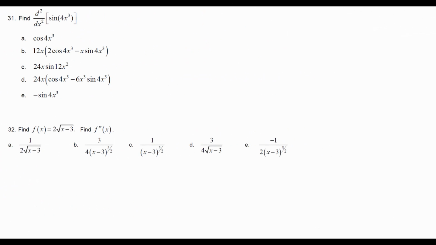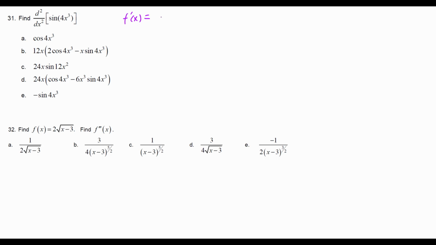Number 31. Find the second derivative of sin((4x)³). So to do that, we're going to find the first derivative of sin(4x³) first. So let's find f prime of x. What do we have? I got sine of 4x to the third power. So this is a composition of functions, which needs the chain rule.